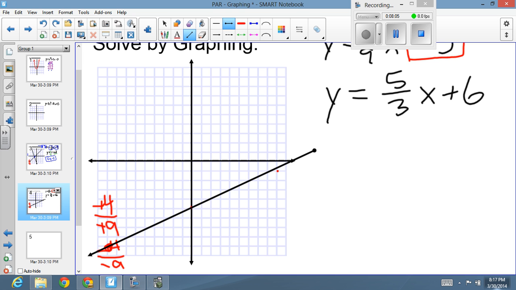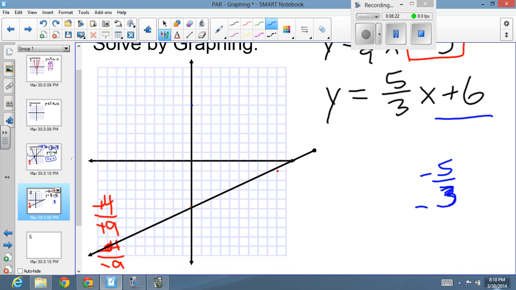The second one, y-intercept of 6, so up 6. 5/3 is either -5 over -3, or +5 over +3. So I can either go up 5, 1, 2, 3, 4, 5, and to the right 3, which will have me over in here.